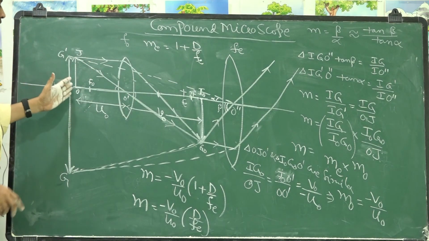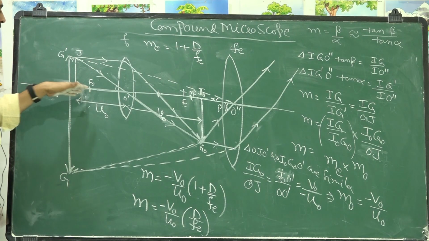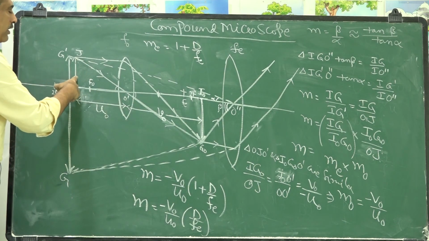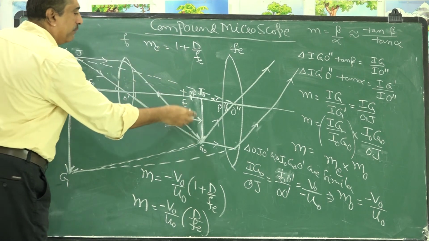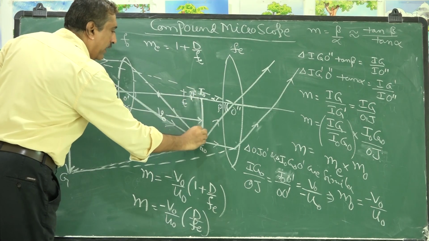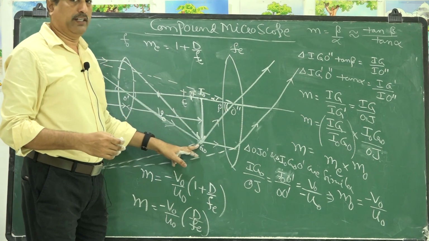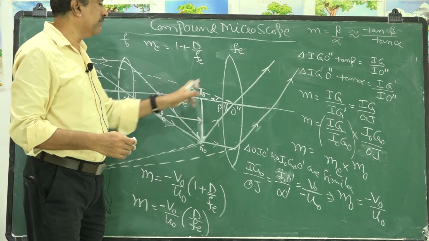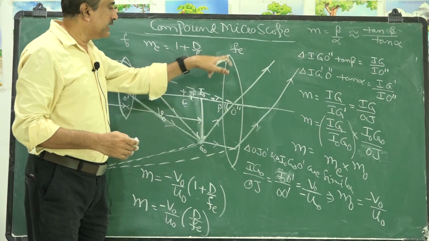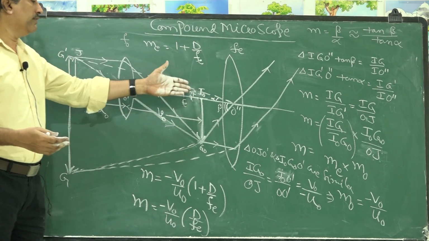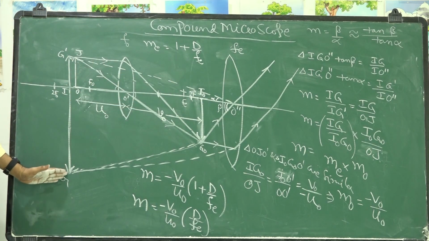The object is placed between the f and 2f points of the objective lens, which forms an inverted image beyond its 2f point. Now, the second lens is adjusted such that this image is within the focus of the eyepiece, so that the eyepiece works as a simple microscope and gives an image of this object at the least distance of distinct vision.